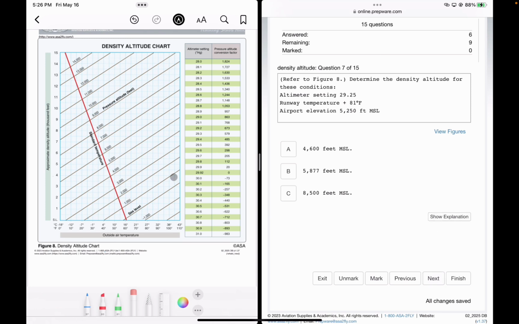What you need to find the density altitude is the outside air temperature and the pressure altitude. So we need to figure out what the pressure altitude is, and we're going to use the altimeter setting to find out what the pressure altitude is. I'm going to do some quick math to figure that out.